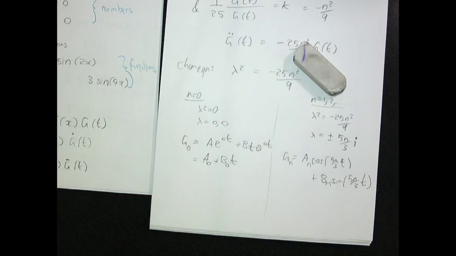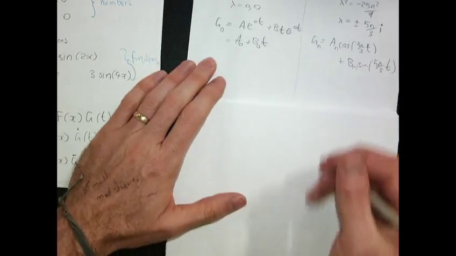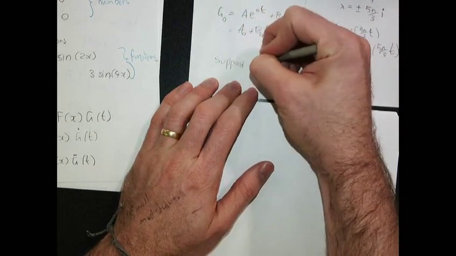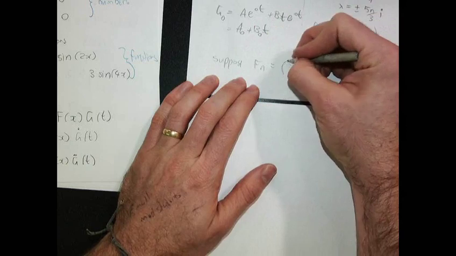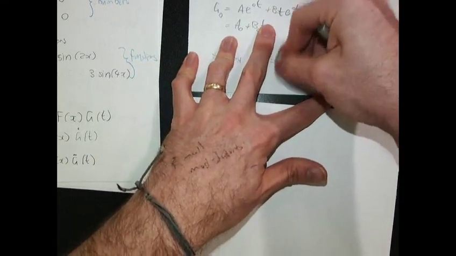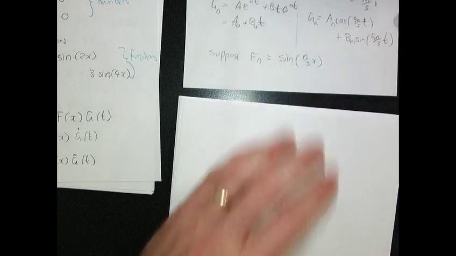So I'm going to get a different solution for the first one. So suppose Fn was like sine n on 3x.